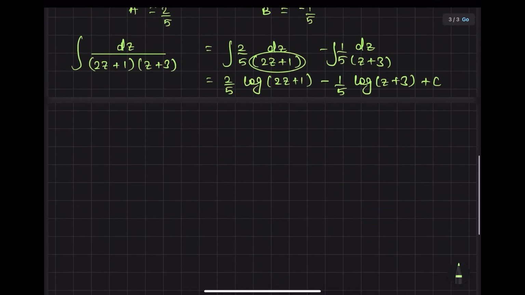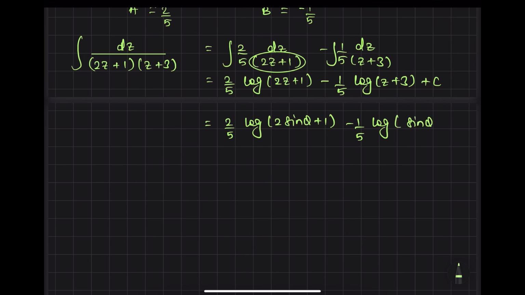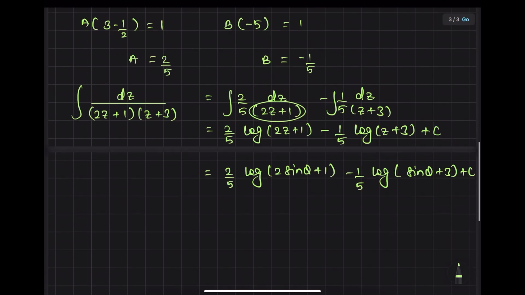Now you know that they have asked the question in terms of sine theta, but you are answering in z, so you have to replace your z. So 2 by 5 log of 2 sine theta plus 1, minus 1 by 5 log of sine theta plus 3, plus c. Okay, so this is our required answer.